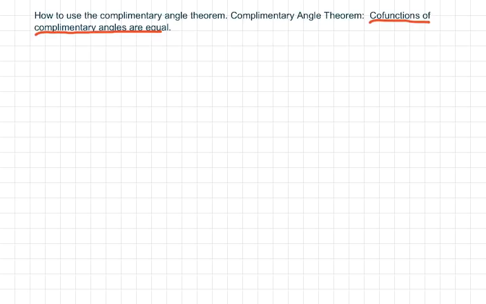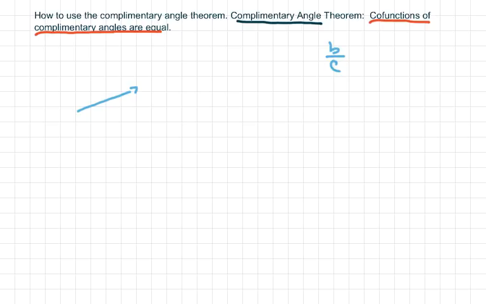Complementary means 90 degrees. So we're going to look at sine of beta and cosine of beta. If we look at sine of beta, we know sine is opposite. So in this case, my opposite of beta is b. So we get b over my hypotenuse.